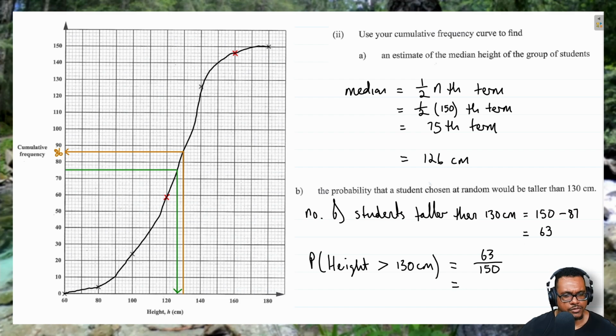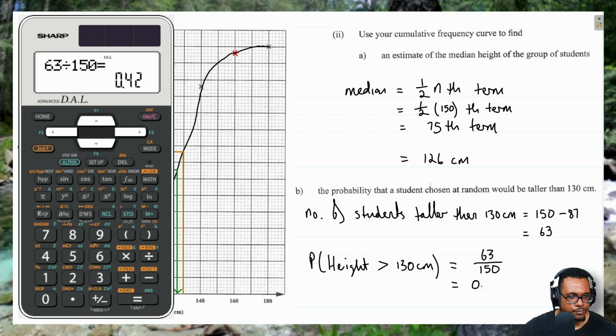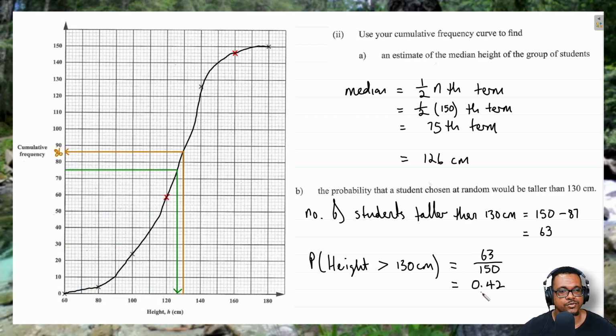So 63 divided by 150, and we get 0.42. So 0.42 would be the probability that a student chosen at random would be taller than 130 centimeters. And this will be the end of this question 5 for June 2022.